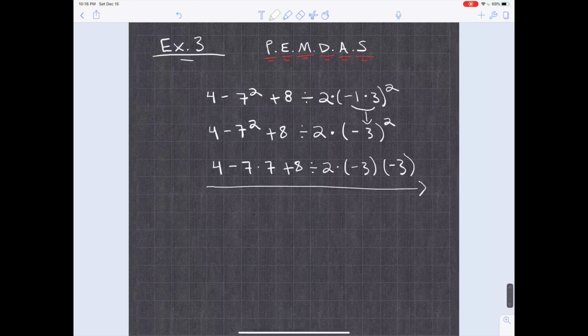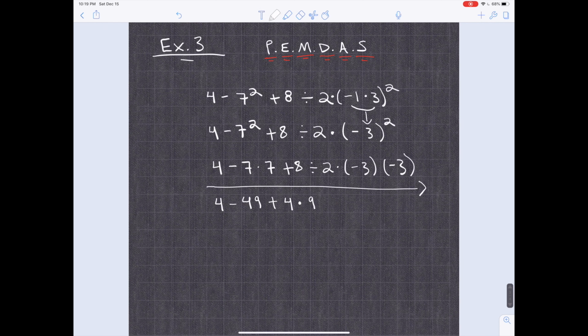So we're going to be moving this direction, and whatever comes first we give priority to. And so let's rewrite the equation as 4 minus 7 times 7 is 49, plus 8 divided by 2. So at this point we need to give the priority to the division. So it's going to be 8 divided by 2 is 4 times, and then here we have minus 3 times minus 3, and that's going to be positive 9.